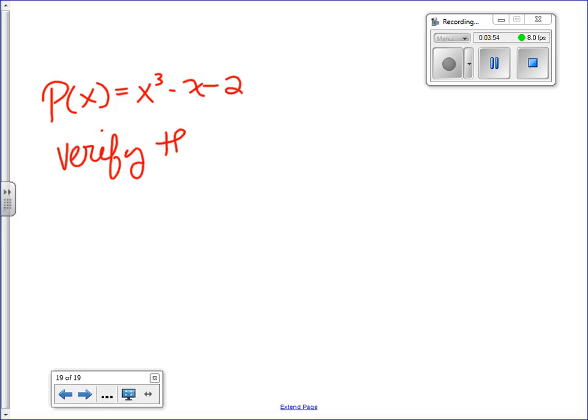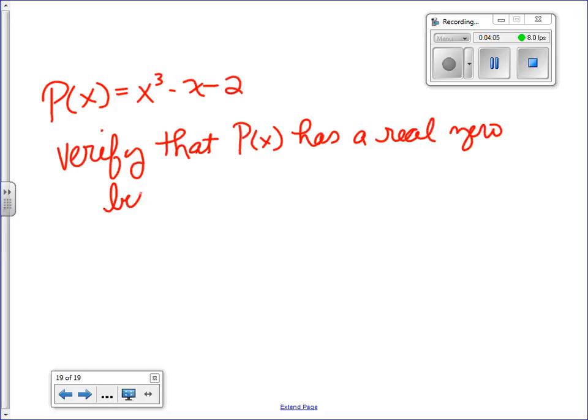Verify that p of x has a real zero between 1 and 2. So you put 1 in, check the sign. Put 2 in, check the sign. If they have opposite signs, then you have a real zero between them.